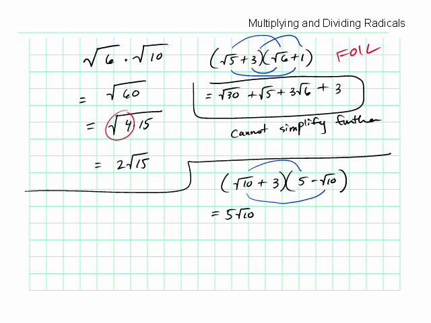Then, there's a minus sign there, negative square root 10 times square root 10 is the square root of 100. 3 times 5 is 15. And then finally, 3 times negative square root 10 is going to give us minus 3 square root 10.